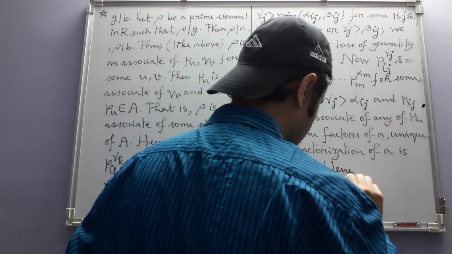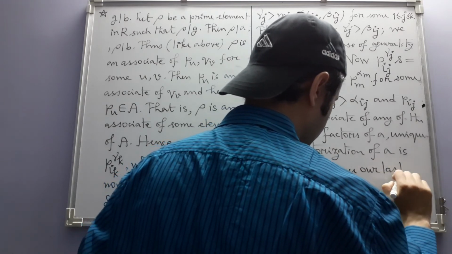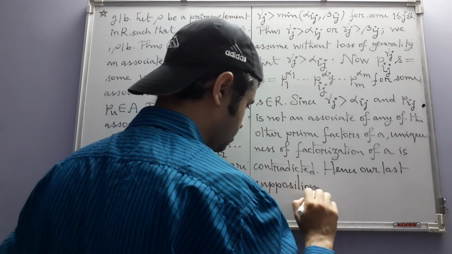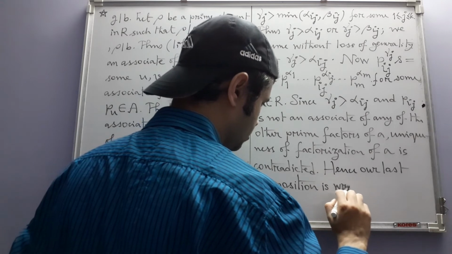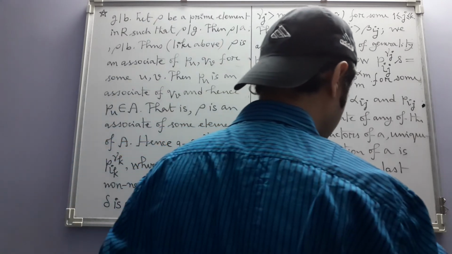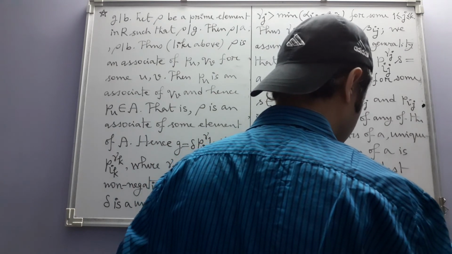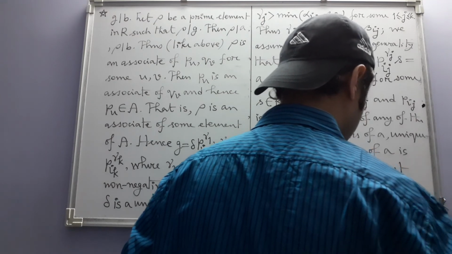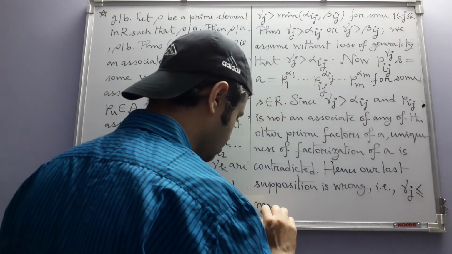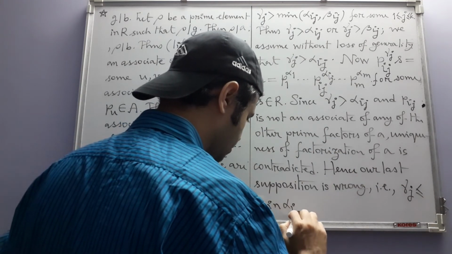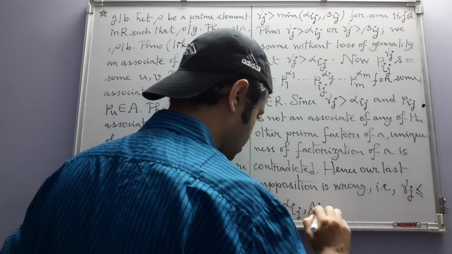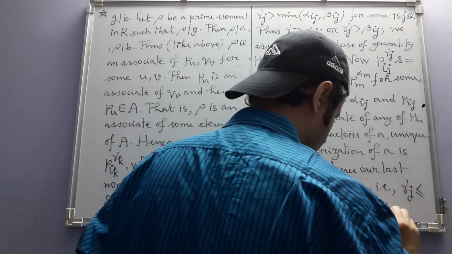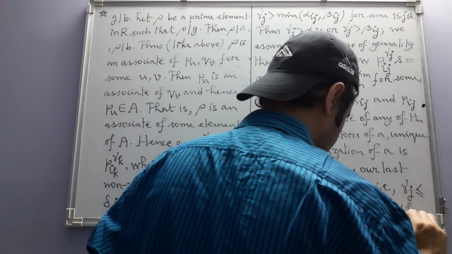Hence, our last supposition is wrong. That is, gamma j must be less than or equal to the minimum of alpha ij and beta ij for all j lying between 1 and k.